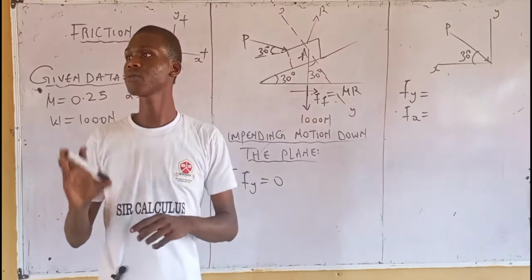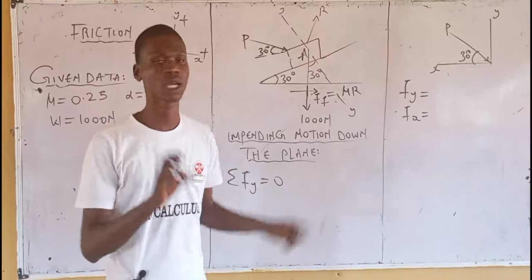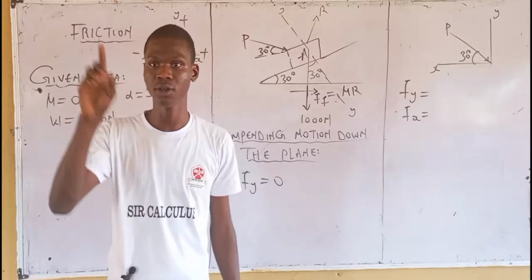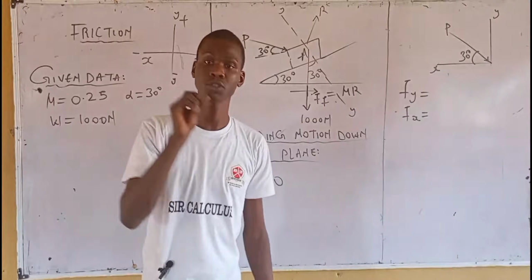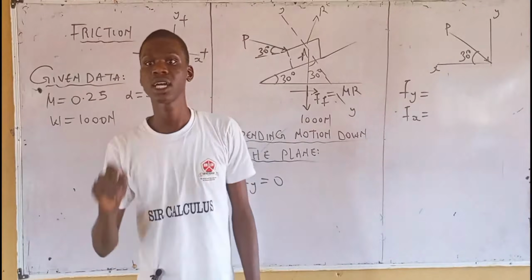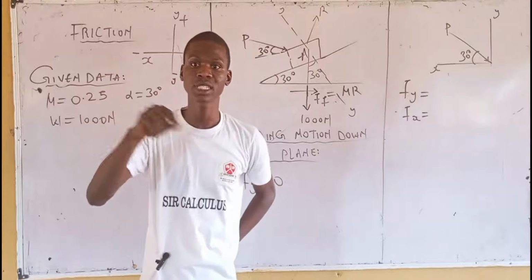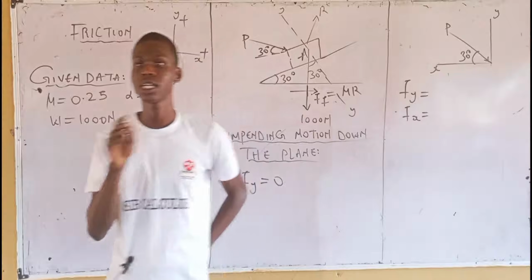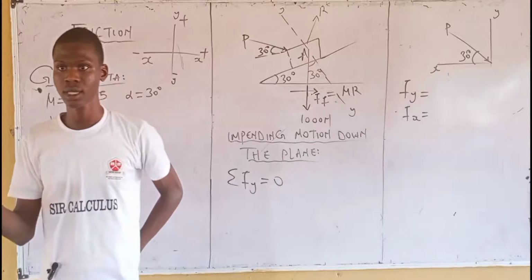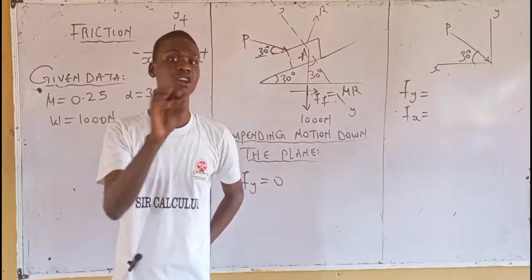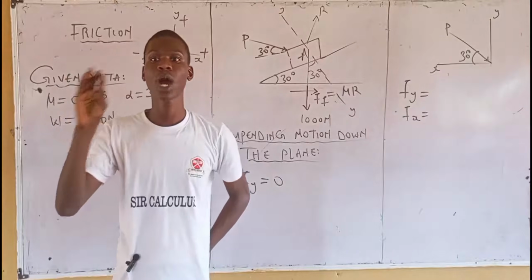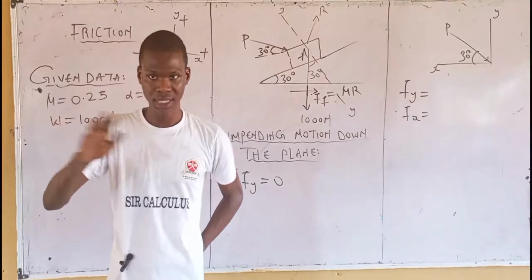Now, my question for you guys is, where is this angle inclined to? Is it the horizontal or the vertical? Your angle being inclined to the horizontal means that the horizontal component takes cos. You know, it is between cos and sine. Anywhere your angle is inclined to, that place will take cos, and automatically the other takes sine.